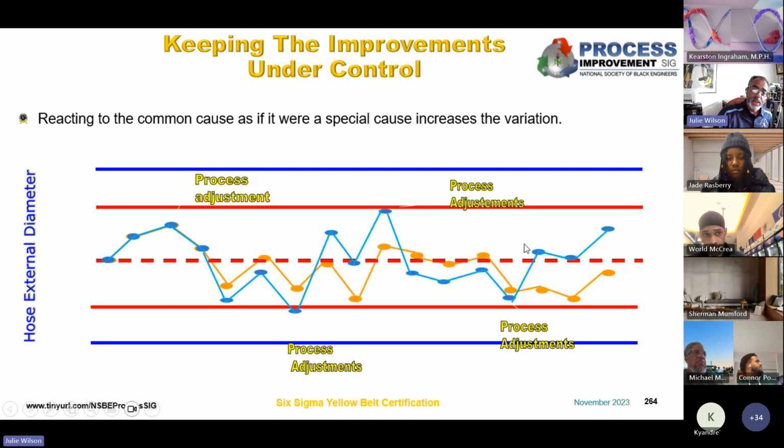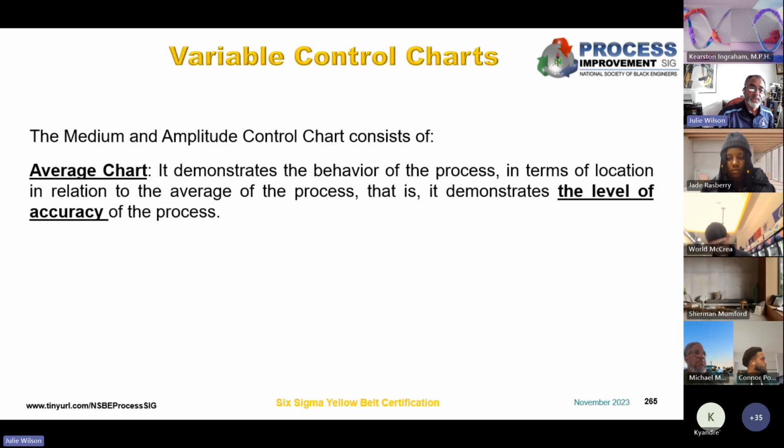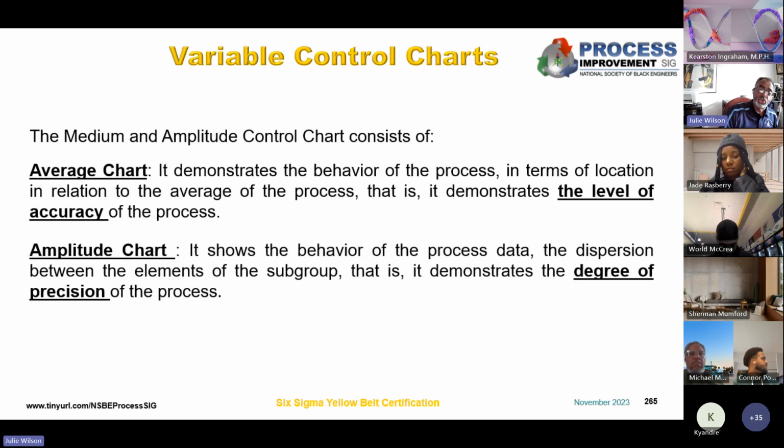So this is the point and the science behind control charts. For a control chart, you have an average chart, and this gets back to, in Six Sigma, we're dealing with averages and standard deviation. An average chart measures the level of accuracy. An amplitude chart measures the degree of precision or the degree of variation.